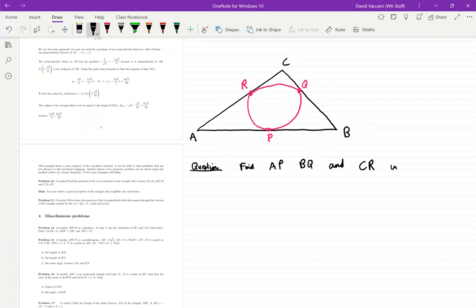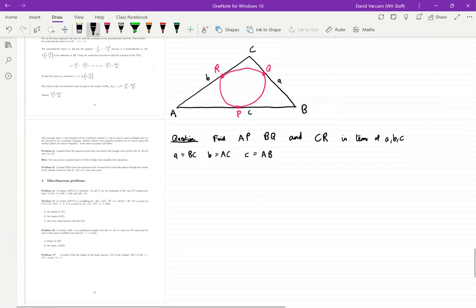Okay, in terms of A, B, and C. And I'm just going to label the triangle normally, where A is the side length opposite A, B is the side length opposite B, and C is the side length opposite C. So A is equal to BC, B is equal to AC, and C is equal to AB. So that's going to be my first part.